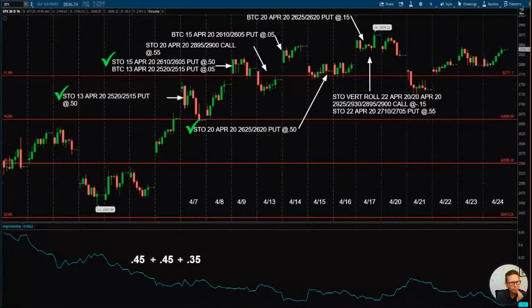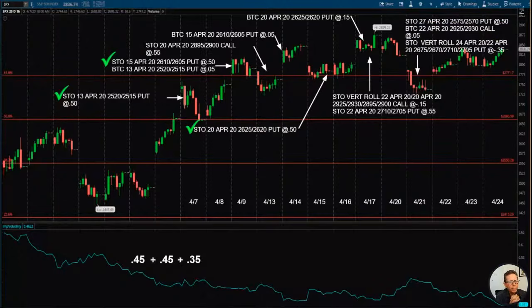Then what happened? So now I put on a put spread for 50 cents, and then I bought to close the other trade that I put on, the 28.95, 2900 call spread, and closed that position. So I earned another 30 cents.